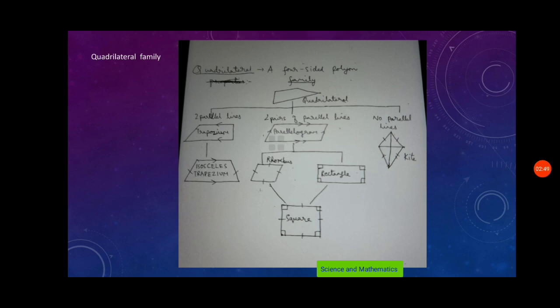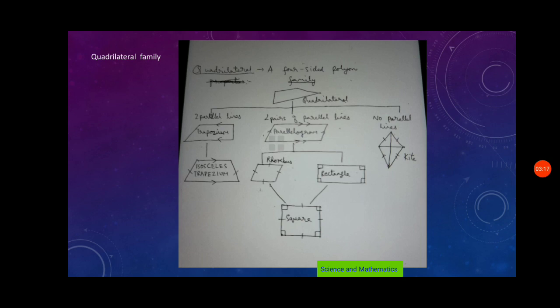You will be telling me that we know all of this, but the properties are very important. Now I am going to show you what the properties of the different types of quadrilaterals are. First we will go through the properties of each shape.